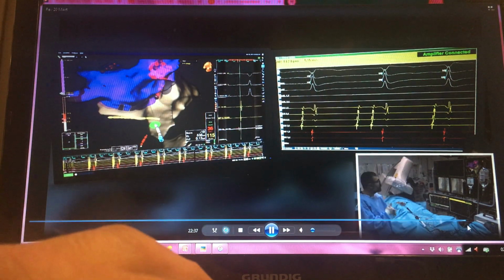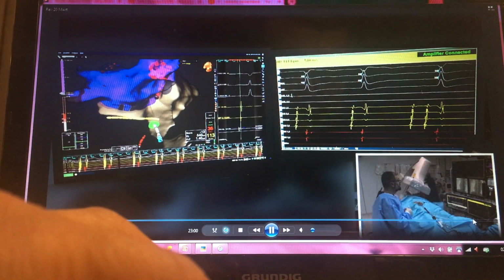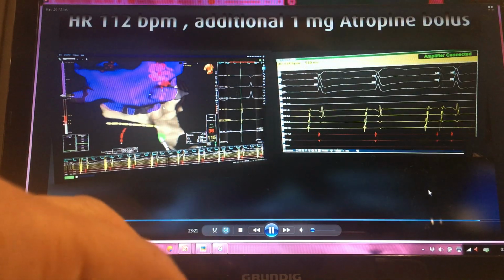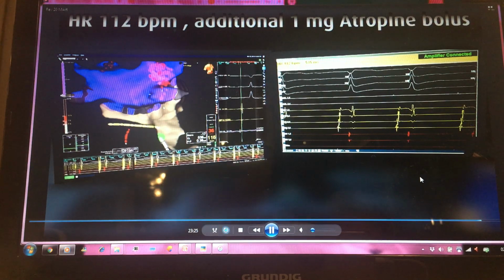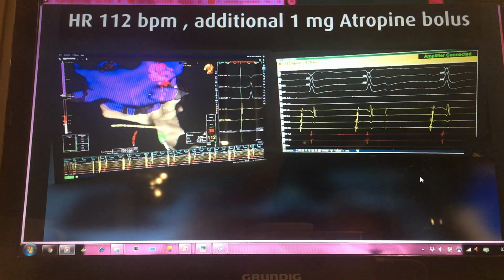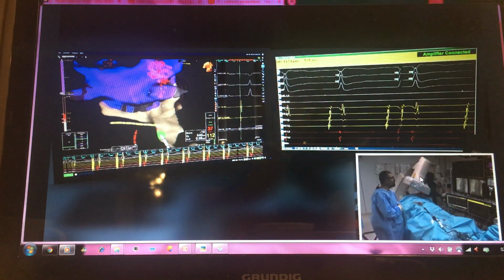Again, yes. This is the second atropine bolus. Heart rate was 112 BPM. We are waiting.